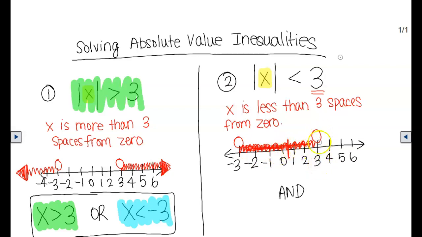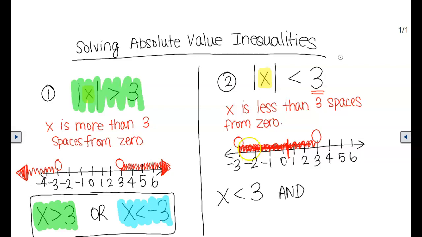How do they compare with 3? How do 2 and 1 and 0 and -1 and -2 compare with 3? Well, those numbers are all less than 3. So I could write here x is less than 3. Every single one of these numbers less than 3 is at a distance that's less than 3 spaces from 0.